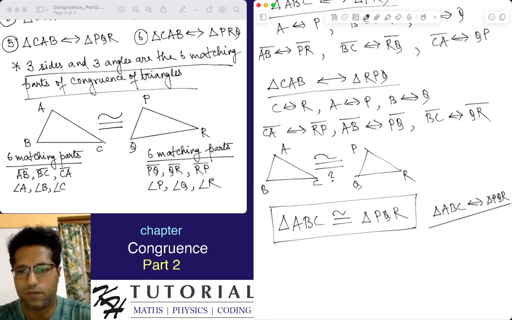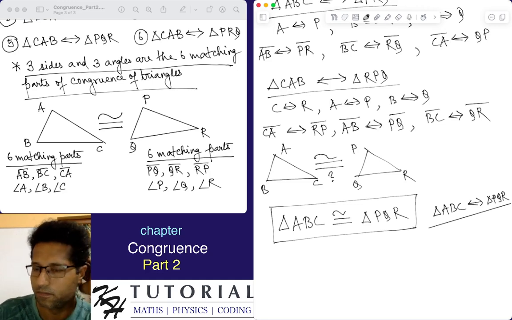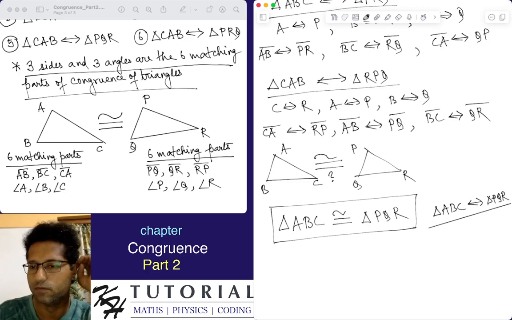So we know that I am trying to map A with P, B with Q, and C with R. Similarly, I am trying to verify the congruency of these two triangles under the mapping: vertex A with vertex P, vertex B with vertex Q, and vertex C with vertex R. Similarly, I will map the side AB with PQ, BC with QR, and CA with RP.